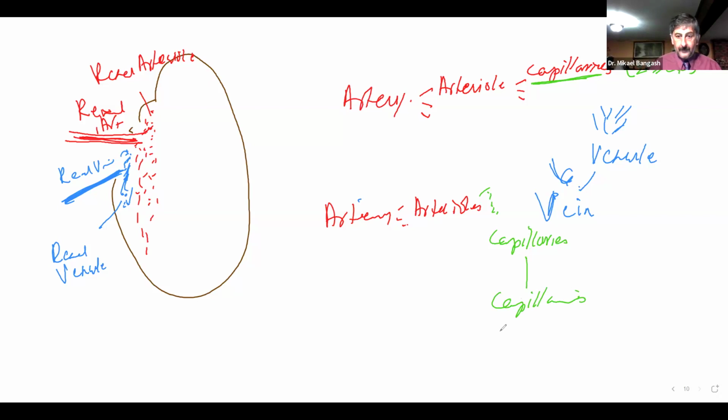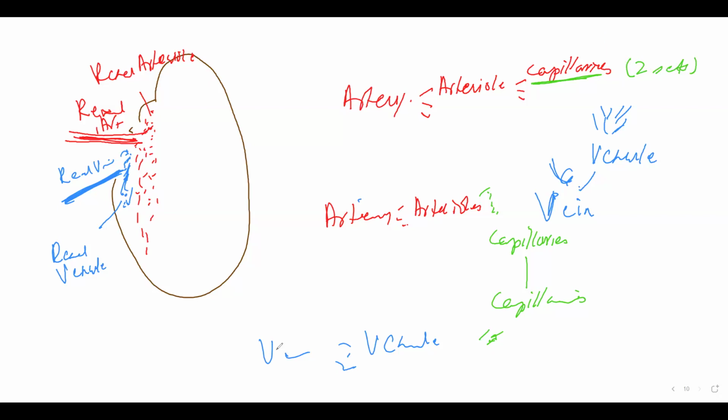Then these capillaries unite to form a venule, which just means small veins, which will unite to form the vein. Did you guys get that?